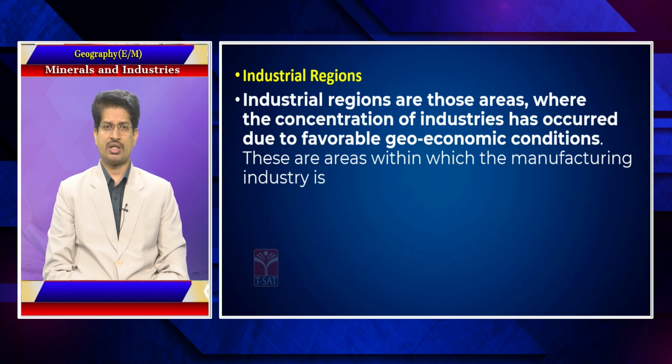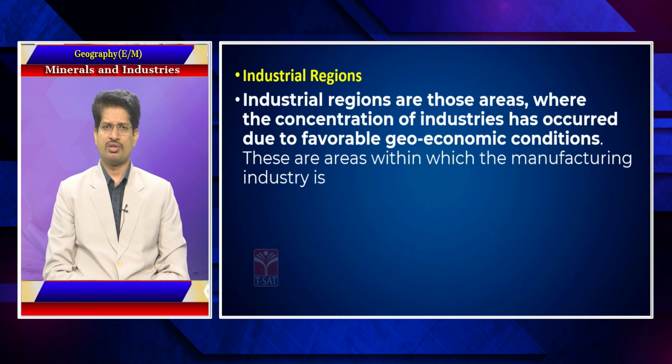the transportation cost is more in the case of the raw material, because after processing, the weight of the final produce is very less, so you need to incur a lot of transportation cost when the raw material is bulky. So, establishing an industry at a region where the raw material is available will be economically advantageous for the entrepreneur.